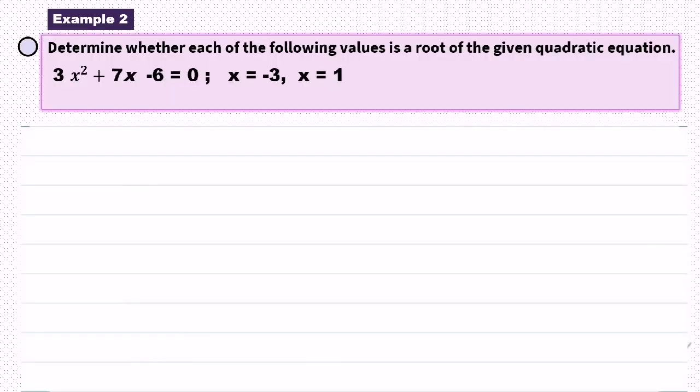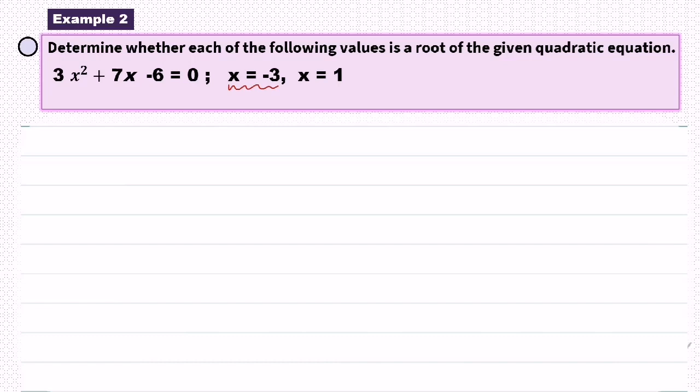After we learn the meaning of roots of a quadratic equation, now we are going to learn how to determine whether each of the following values is a root of the given quadratic equation. Now the quadratic equation is 3x squared plus 7x minus 6 equals 0. So we need to find whether x equals negative 3 is a root of the given quadratic equation.